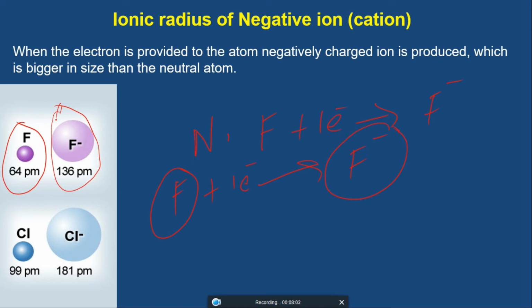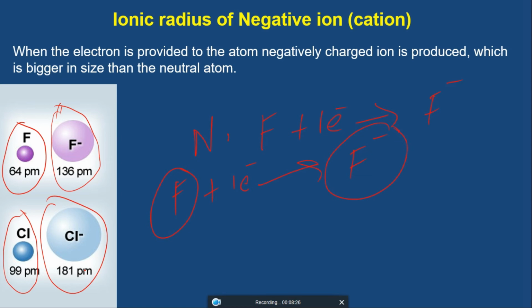So the ionic radius of the anion is increased. Similarly, chlorine, a neutral atom, has an ionic radius of 99 picometer, and the chloride ion is almost double, 181 picometer.